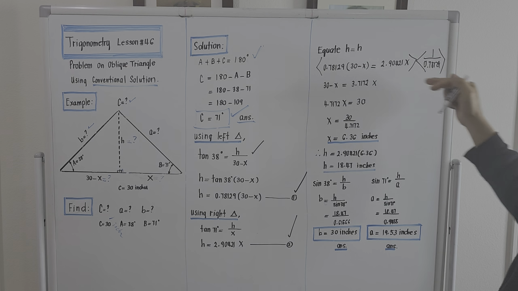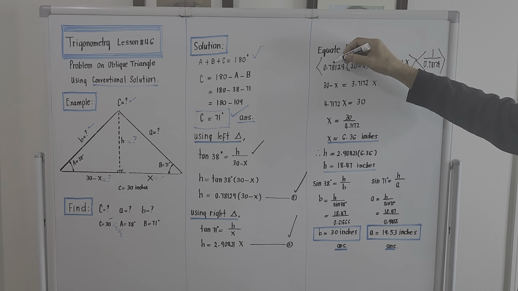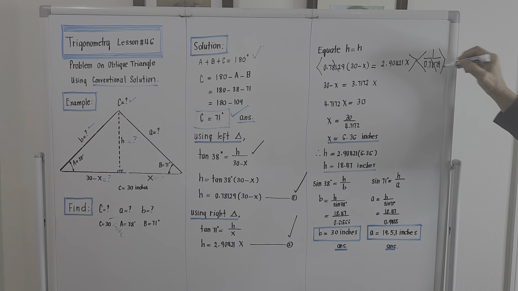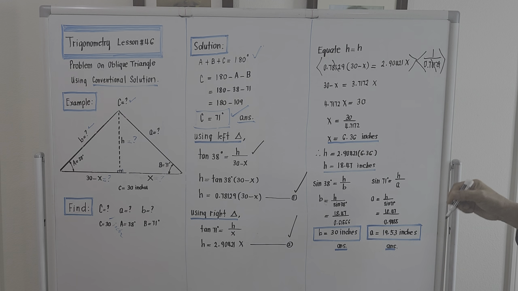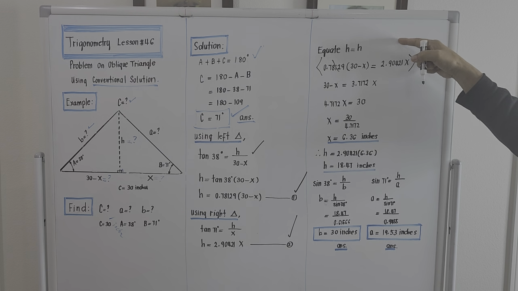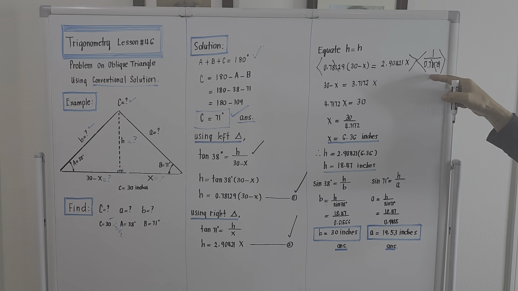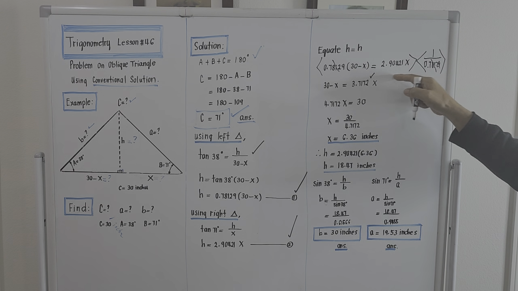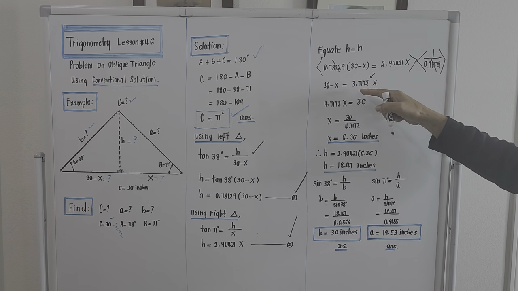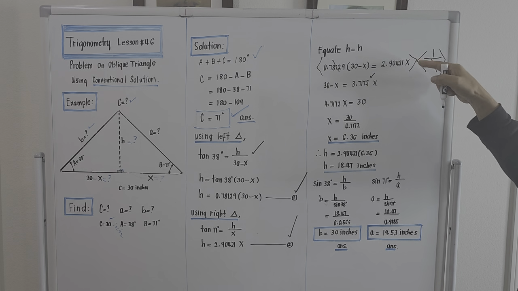The left hand side multiplied by 1 over this portion cancels, so what remains on the left will be 30 minus x equal to 2.90421 times 1 over 0.78129, it's 3.7172. The coefficient of the right hand side after the division will be 3.7172 multiplied by x.